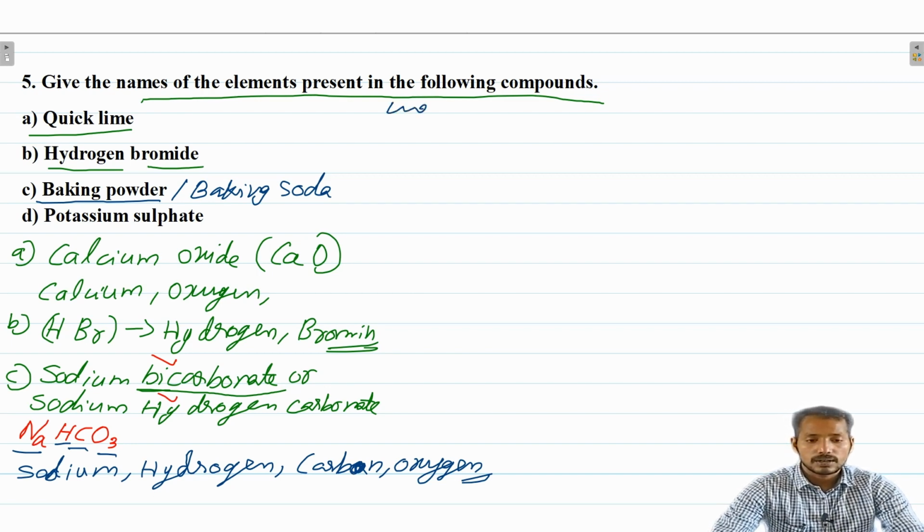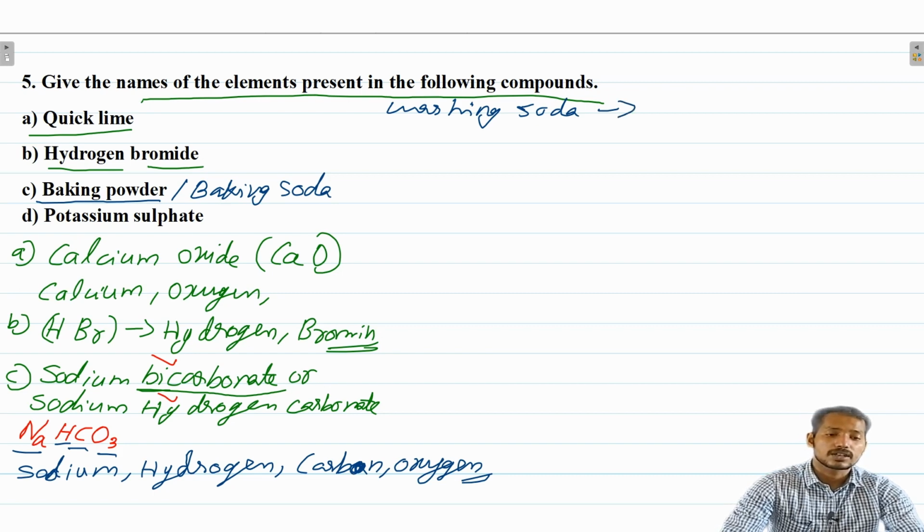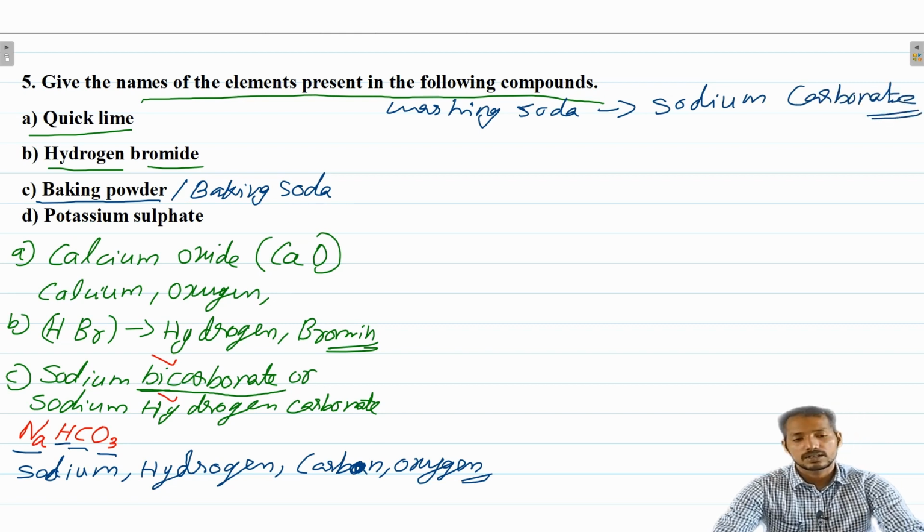While washing soda is different. The chemical formula of washing soda is actually sodium carbonate. A small difference. First one is sodium bicarbonate.